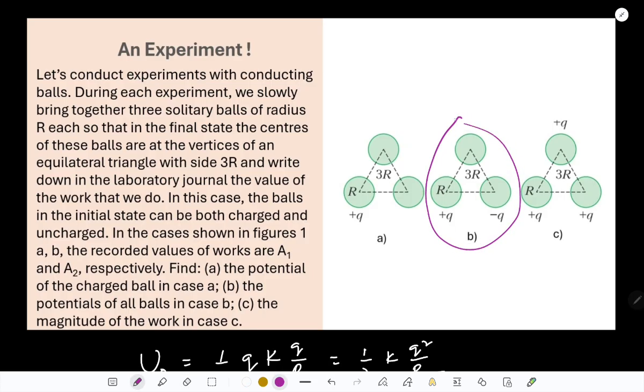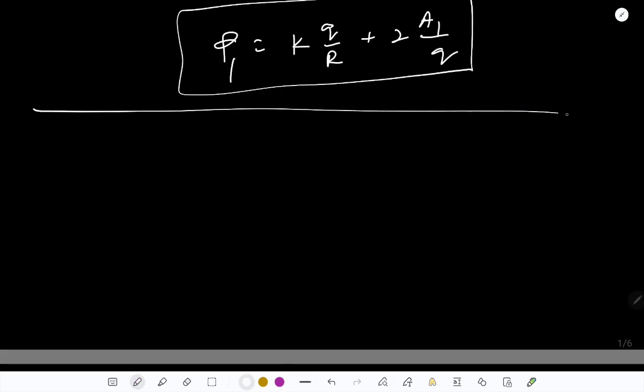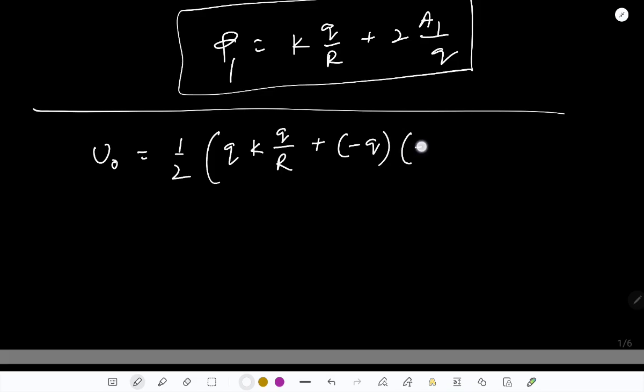This is case B. We have two isolated charged spheres, in fact, charged balls, and in a similar manner, we can write the initial electrostatic energy of the system as half q times the potential at the surface of one of the balls having charge q, plus half of minus q, the charge on the other ball, times its surface potential, which was simply minus kq by r.